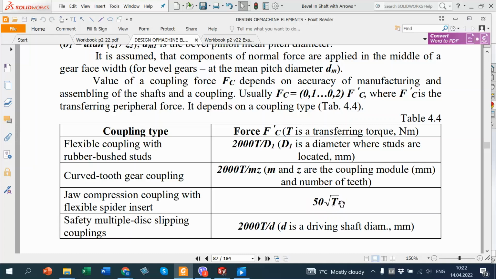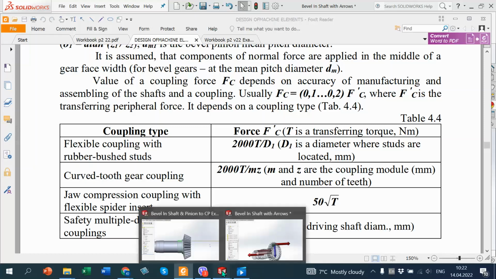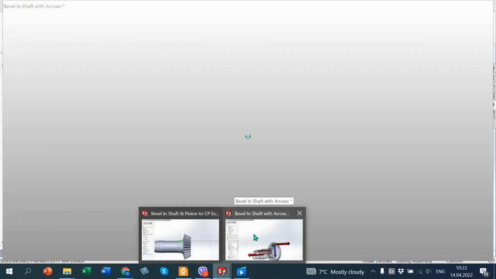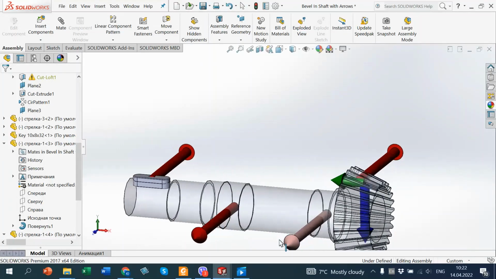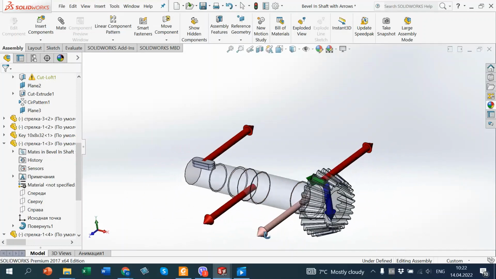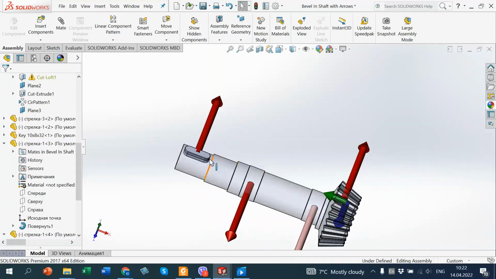But what about direction and point of application? This force is applied in the point of contact between key and shaft. This force is directed in any direction.